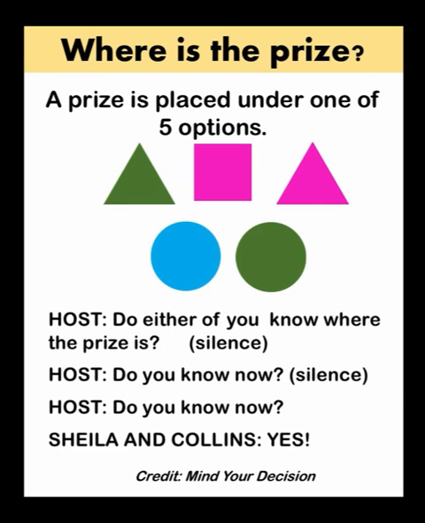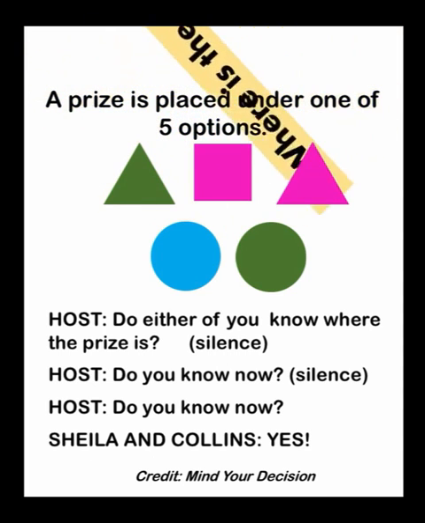The host then said, "Do either of you know where the prize is?" And there was silence. The host then asked again, "Do you know now?" And still there is silence. The third time, the host asked, "Do you know now?" Both Sheila and Colin said yes. The question now is, where is the prize?